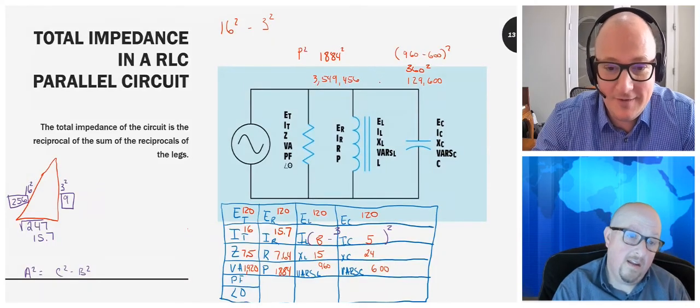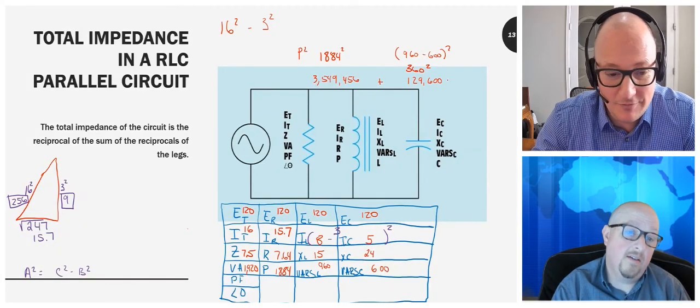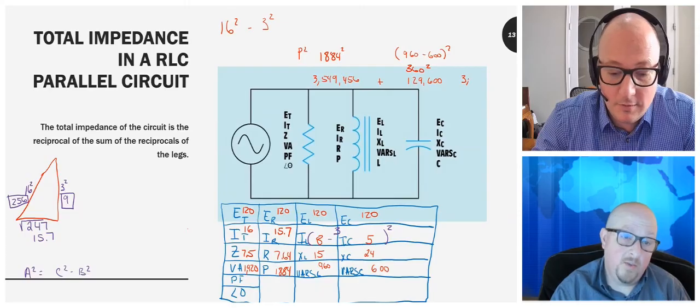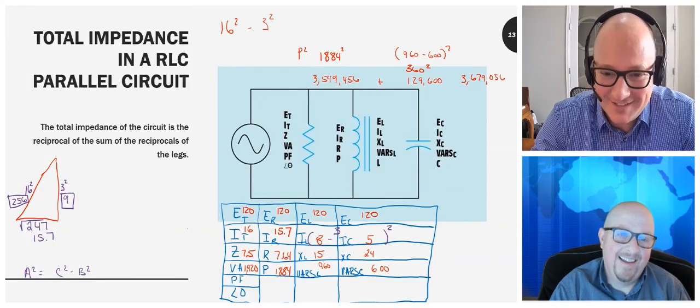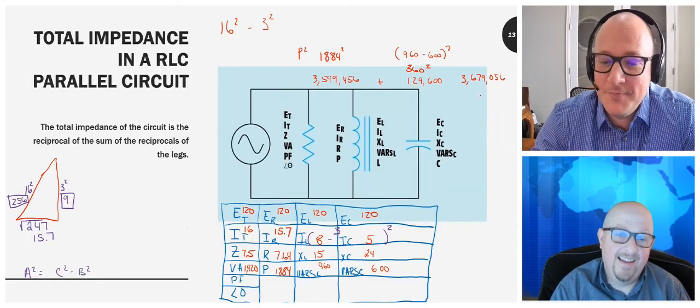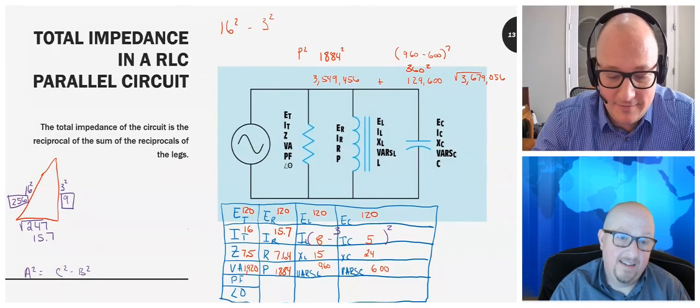Now we add those. We're looking to confirm the hypotenuse is 1,920. That gives 3,679,056. All right, I'm going to take the square root of that.